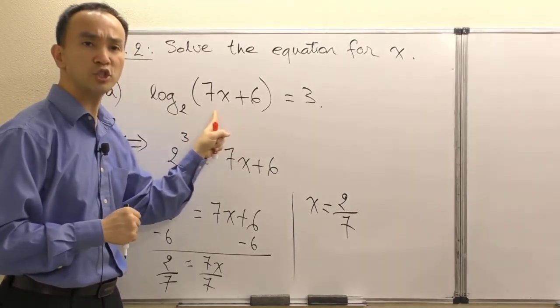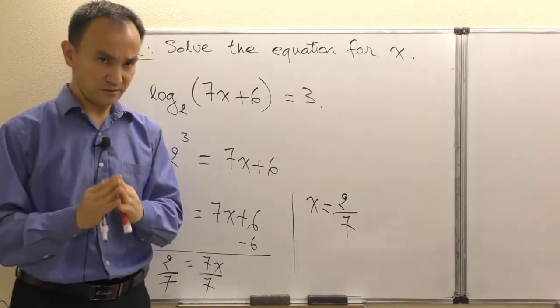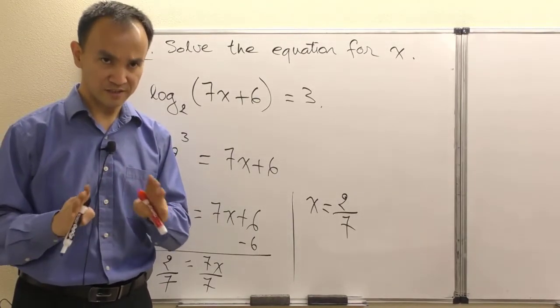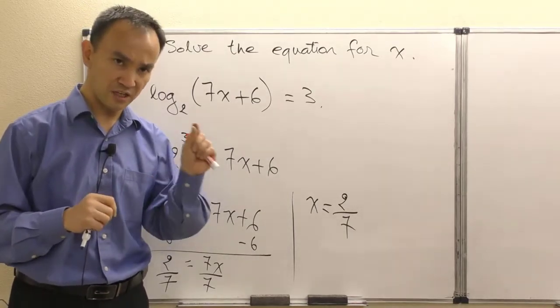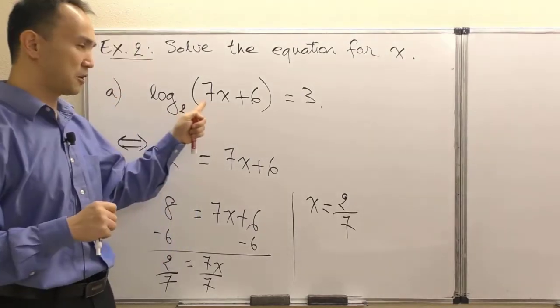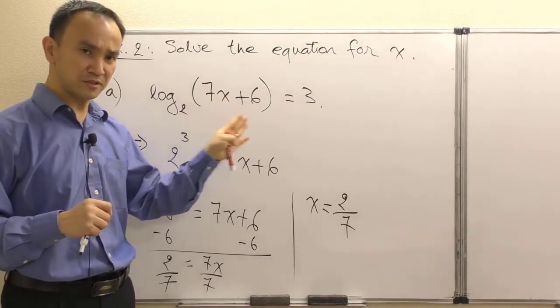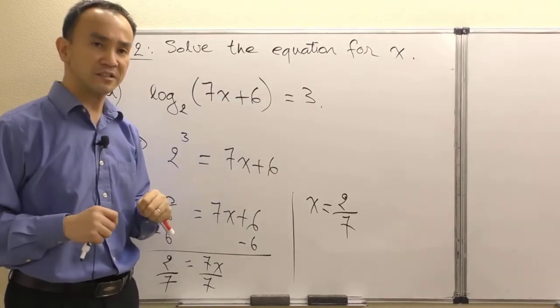We need to be aware of the domain of any logarithm function. The domain of a logarithm function is important. Anytime we're working with a logarithm function, be clearly aware of the domain. I'm not going to spend time showing how to find the domain here; that's for the other lessons.